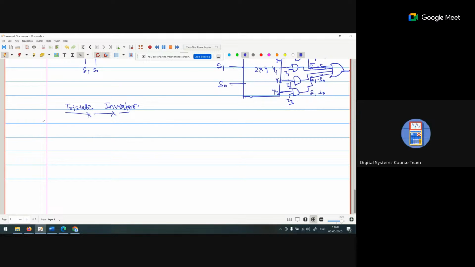So in the tri-state inverter, what do we do? We require a decoder.